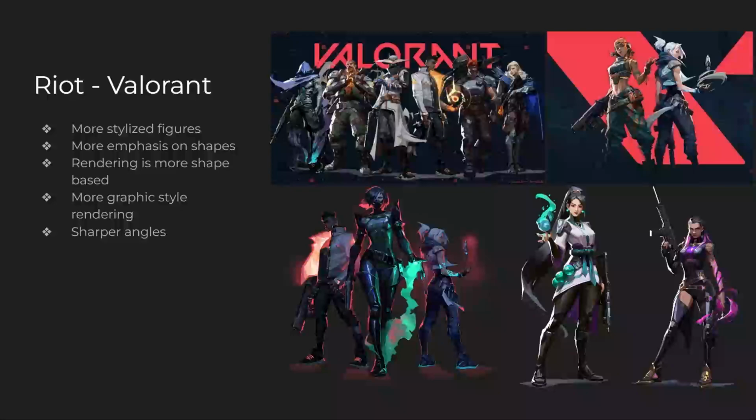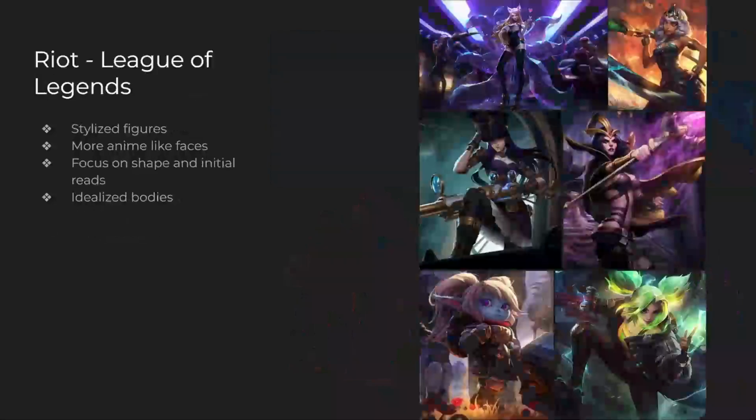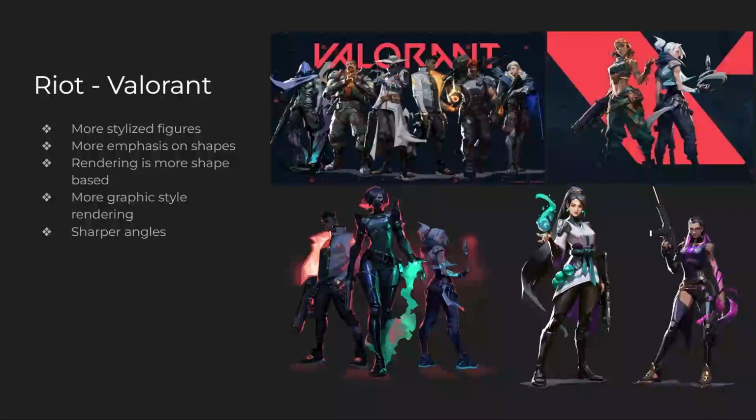These figures also feel a lot sharper compared to the League of Legends ones. League's are pretty soft; there's nothing really pointy or sharp like these Valorant figures. So they're a little bit more stylized, even though they still share the same body proportions.